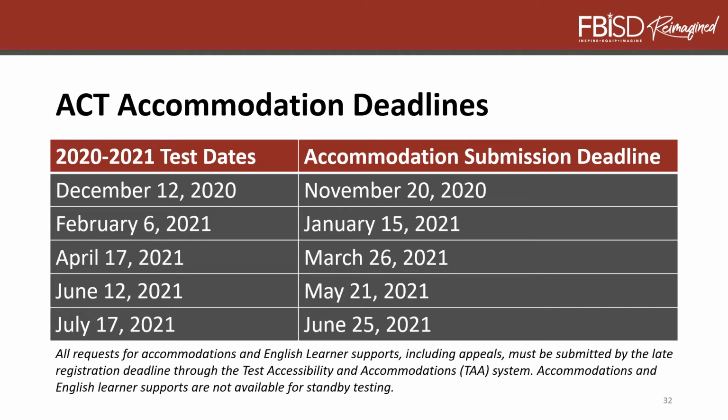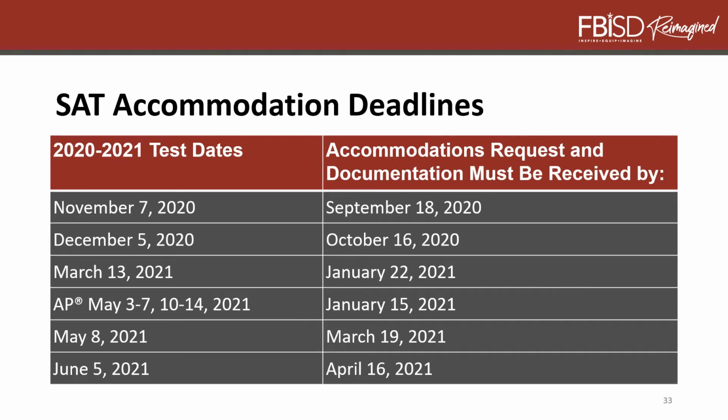So the late registration deadline is also the accommodations deadline for the ACT. The SAT accommodations deadline is usually about 6 weeks before the exam. So for example, if you're taking the March 13th SAT, the deadline for accommodations is January 22nd. If you are taking the AP exams in May, the deadline is also in January.